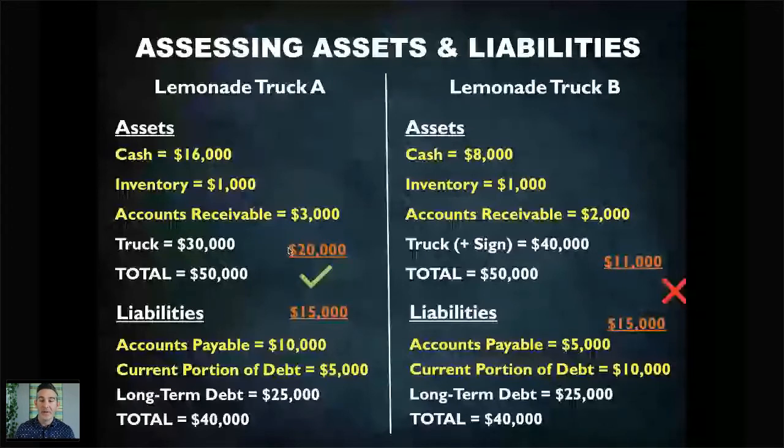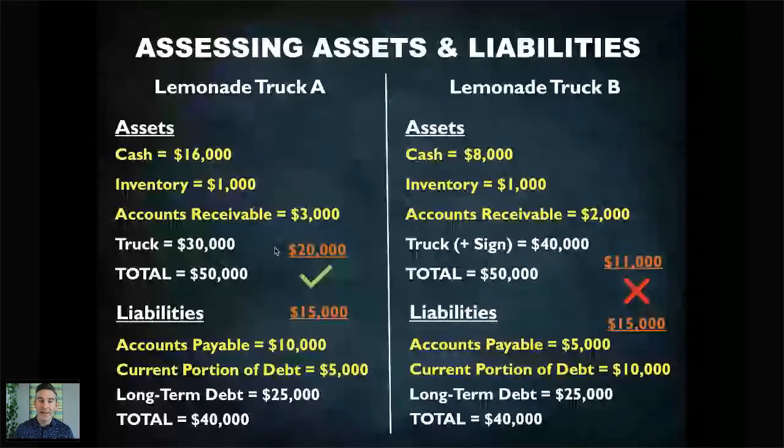The fancy term for it is your current ratio. If you divide your current assets by your current liabilities, you want to see that you have more current assets than current liabilities. The basic reason is, if you've got a bunch of debt coming up in the next 12 months and you don't have enough on hand to pay it, then you're going to be in trouble.